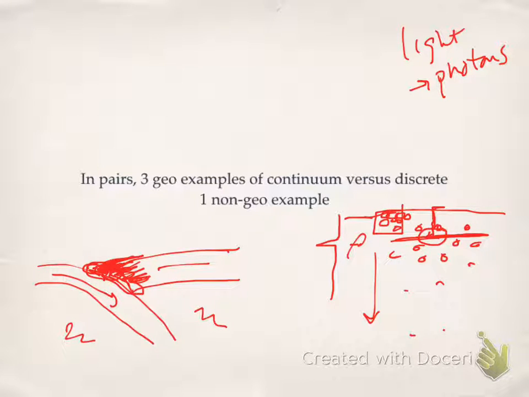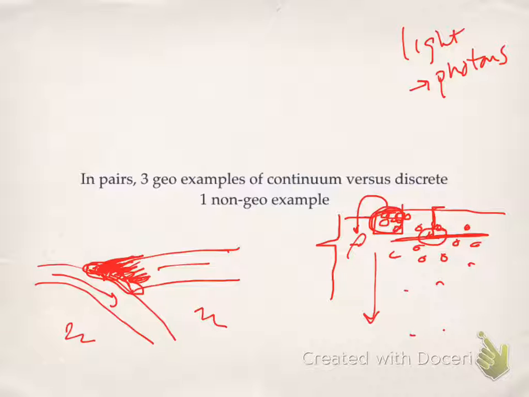If she ever wants to go bigger scale, she has to nest that smaller discrete model into a bigger continuum model. So her model might then spit out an average density for that little pot. Inside, she's doing this whole analysis to figure out what that average density is, or whatever other property she might be interested in. But snow is a great one that has a lot of different variations.